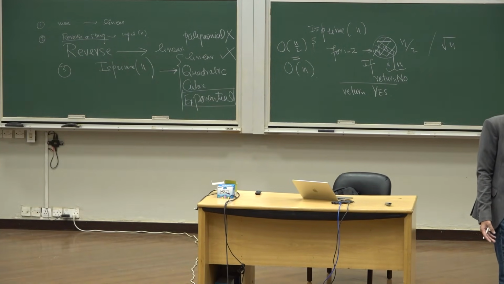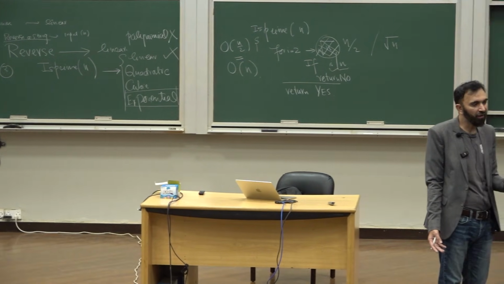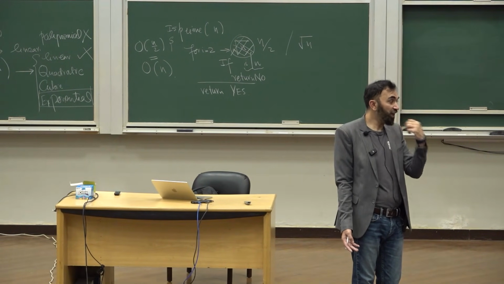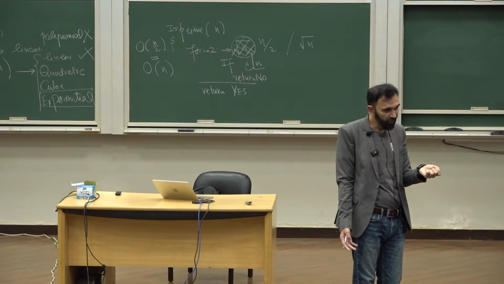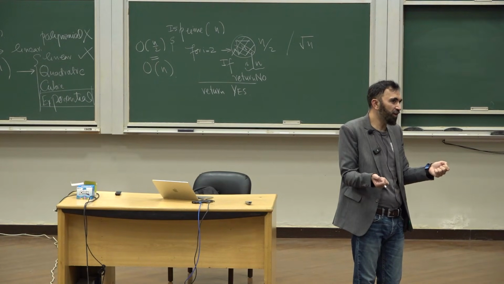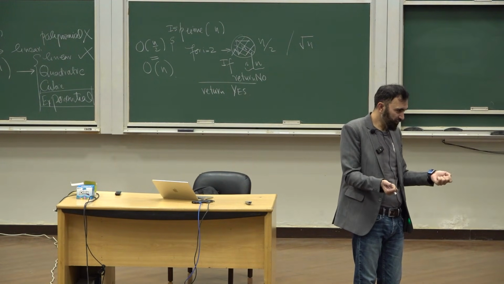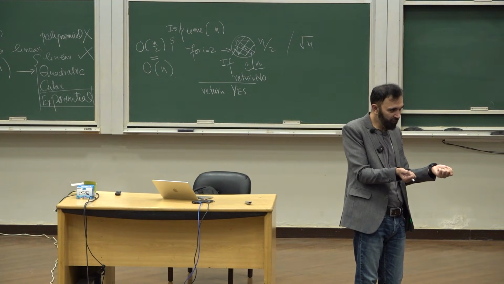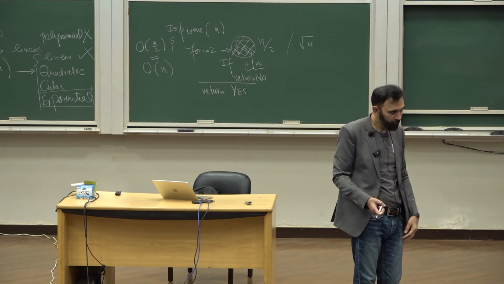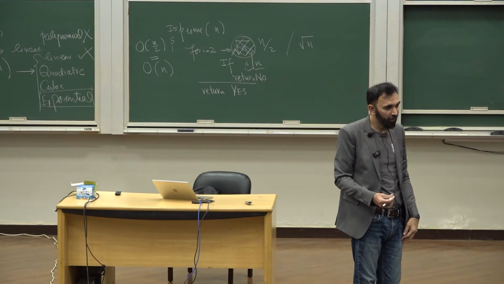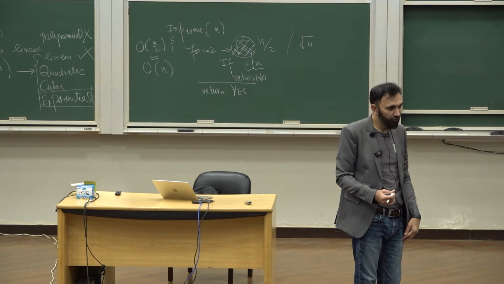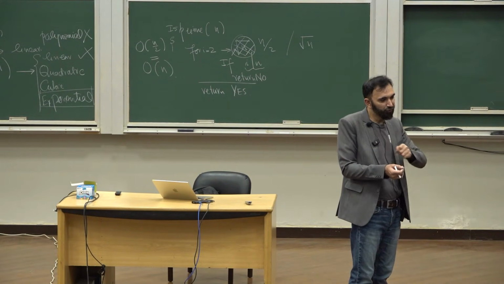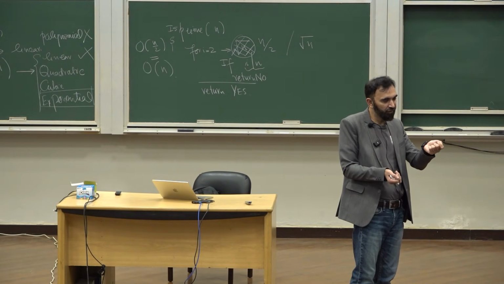Okay? So it's a reasonable assumption that I'm making. When I'm asking you to check whether a number is prime or not, there is no other measure of the size of the input, other than figuring out how many bits you need to write down that number, right? So for finding out whether a number is prime or not, those assumptions don't make sense.